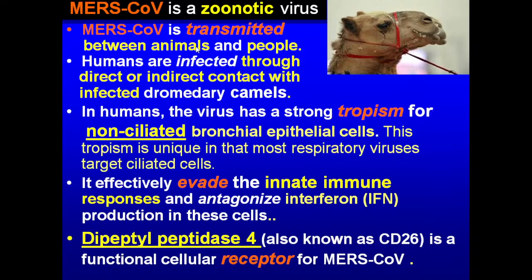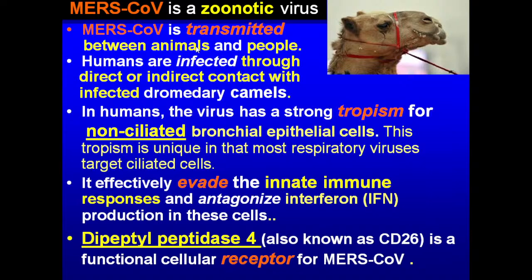This tropism is unique in that most respiratory viruses target ciliated cells. It effectively evades the innate immune response, maybe because it learns how to antagonize interferon production in the infected cells. That's how it downregulates the development of interferon in the body.